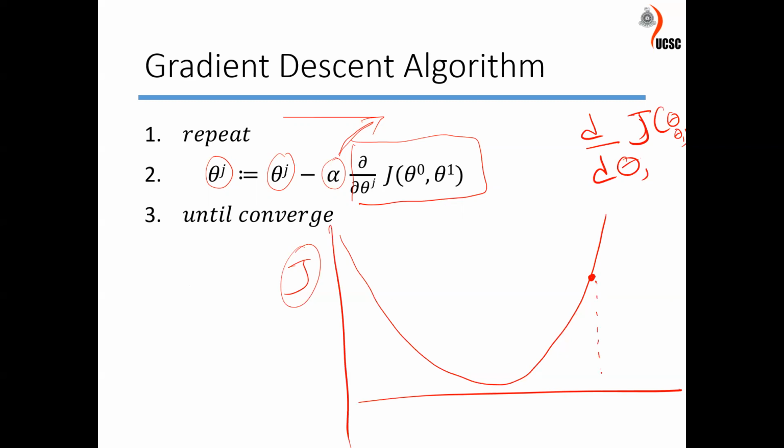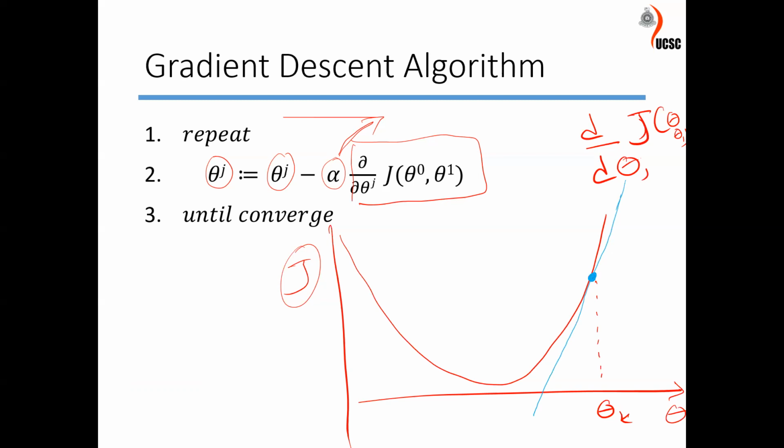Suppose this place is theta k. For a particular theta value, if we take the derivative of the J function, it will give the tangent for that particular place. So there will be a tangent for this particular place.